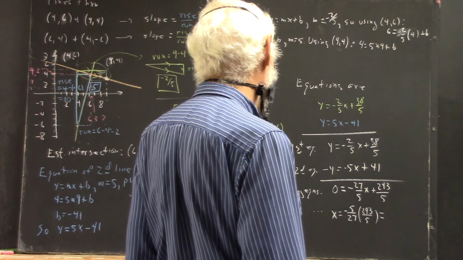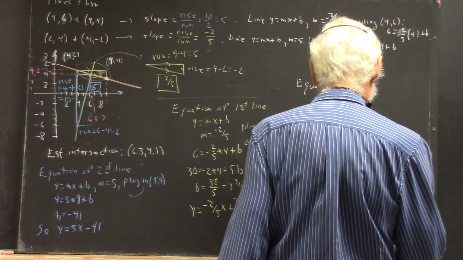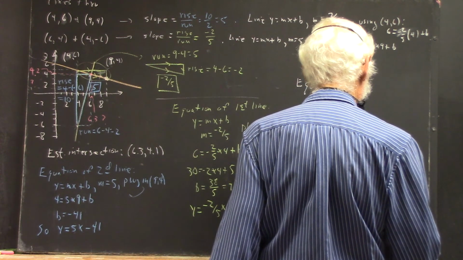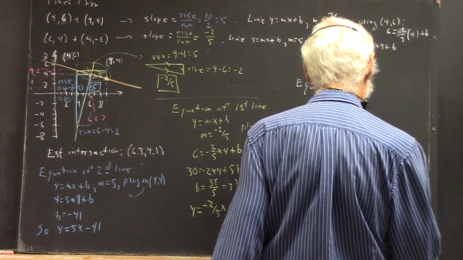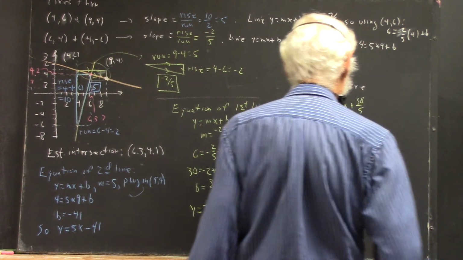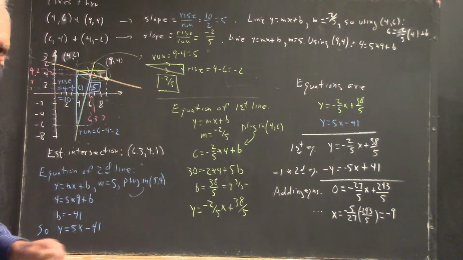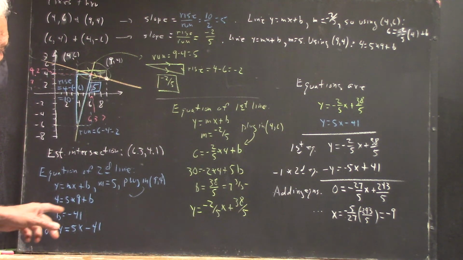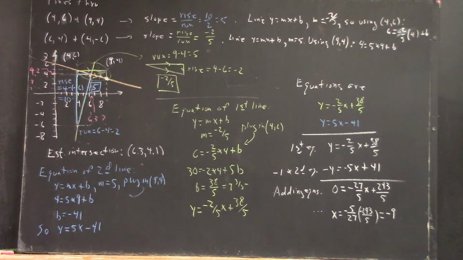And times -243/5. And coincidentally, that comes out -9. Okay? Now, I know that the point where x equals -9 is not a point of intersection.